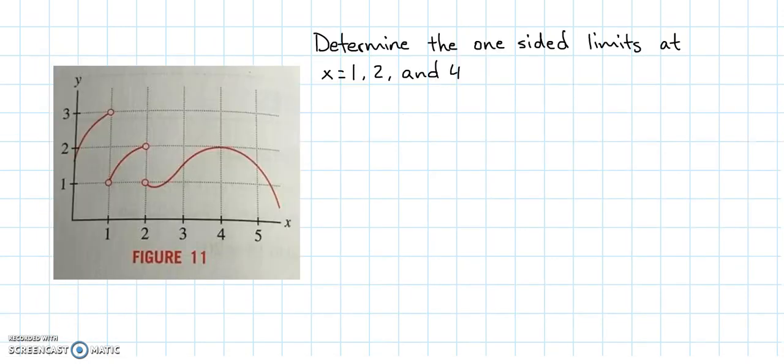In our next example, we are supposed to find the one-sided limits at x equals 1, 2, and 4. As x approaches 1, we can see that the left side approaches 3, while the right side approaches 1.